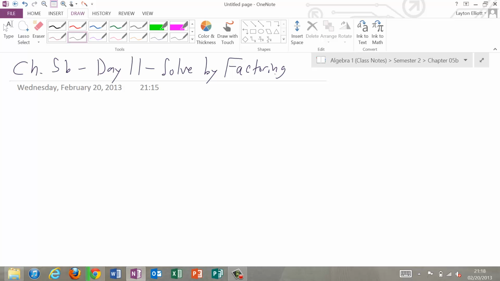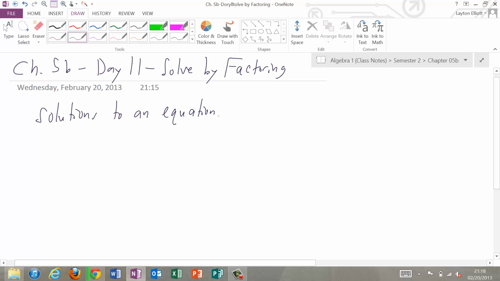So a couple of things. We first have some synonyms. Solutions to an equation, specifically an equation in one variable. So we have solutions to an equation. They also have multiple names.